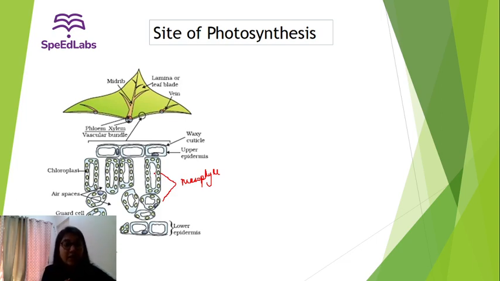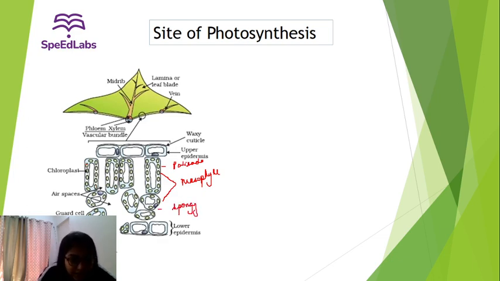The cell organelle, the chloroplast, is found inside these mesophyll cells, and inside that chloroplast we are going to find the chlorophyll pigment. This one is the palisade mesophyll, and this one is spongy mesophyll.